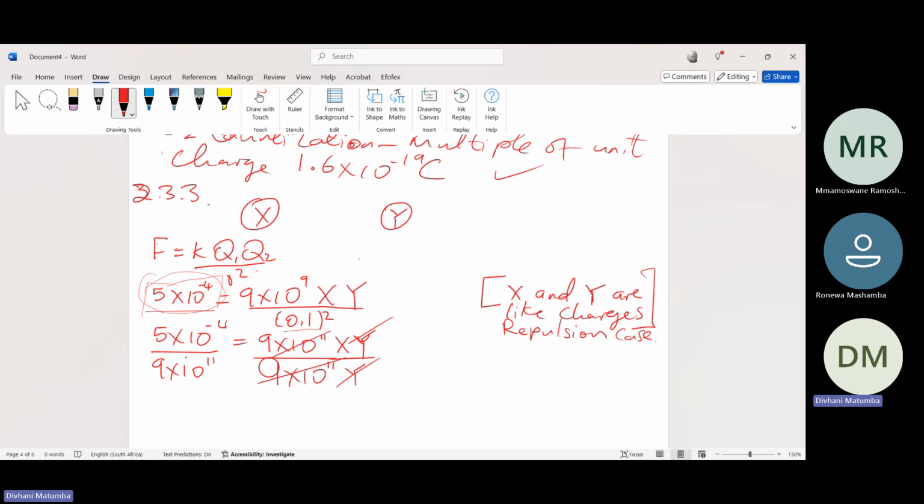I'm going to be left with x. Now, if I divide this expression by that one, I got 5.556 times 10 to the power of minus 16, divided by, I had to divide both sides by 9 times 10 to the power of 11 y. I forgot the y. So I will have that expression divided by y is equal to x. And I'm going to call that equation number 1.